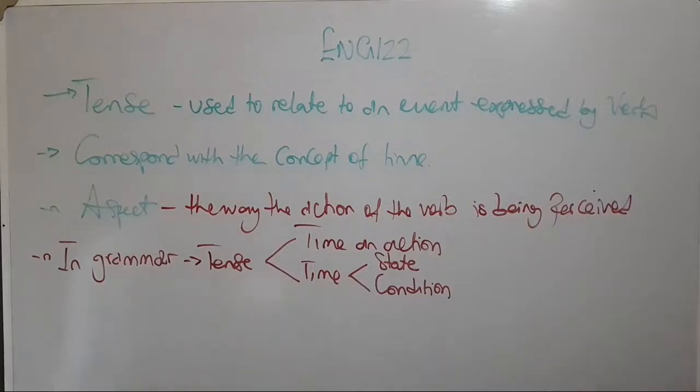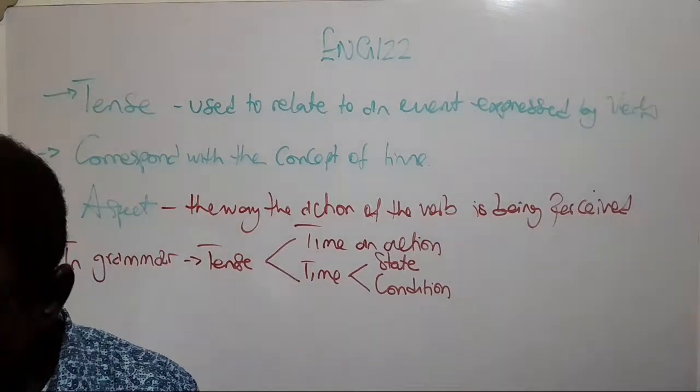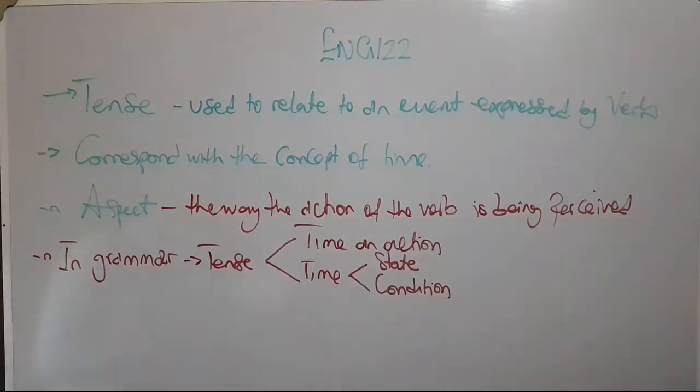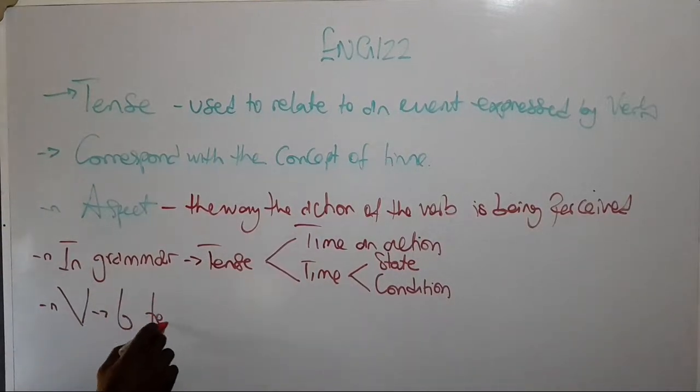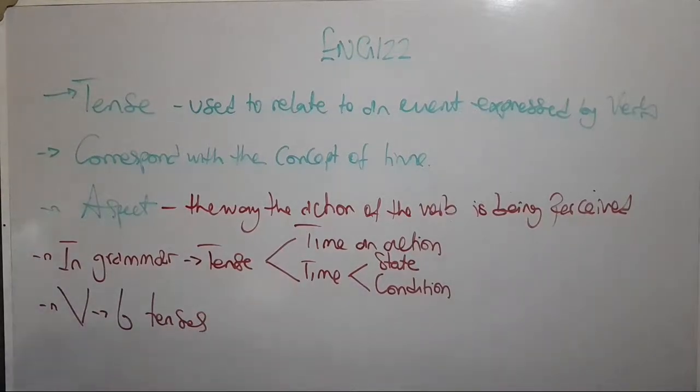Now there's something called the simple tenses. Take note, verbs have 6 tenses, which show differences in the time of action or the time of the state of being.